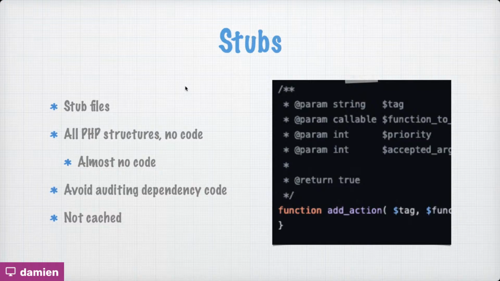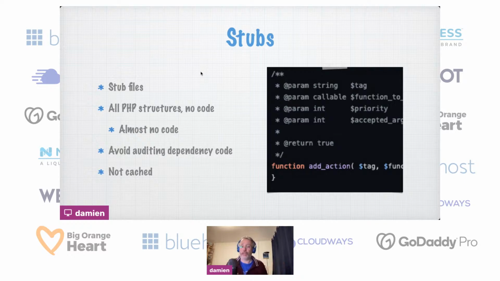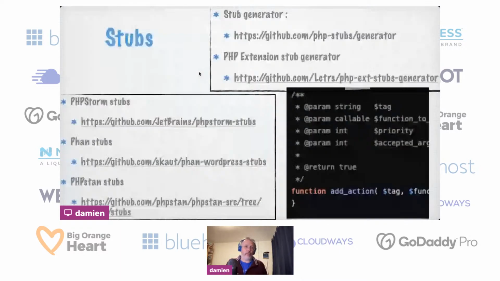So we don't need how WordPress is interacting, but we need to understand the contract within WordPress, which means just the name of the functions and how they react. This is interesting. So you may run into those repositories online. There are PHPStorm stubs.